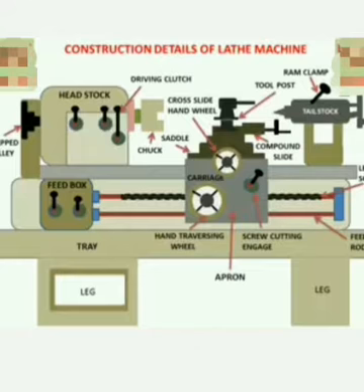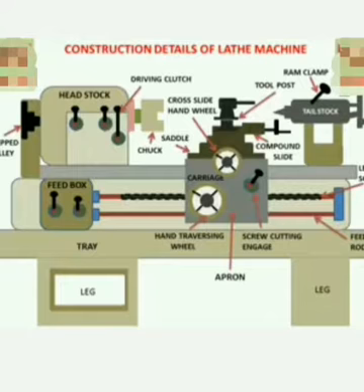Now, the bed is also made from cast iron because it is wear resistant and has high compressive strength. It supports the headstock, tailstock and carriage. The bed has flat or V type guideways.